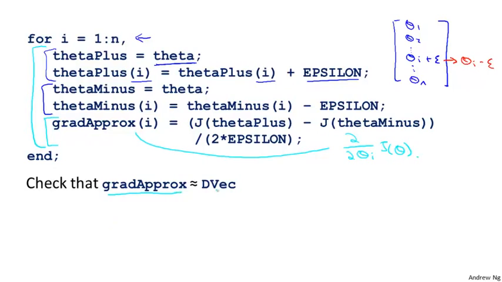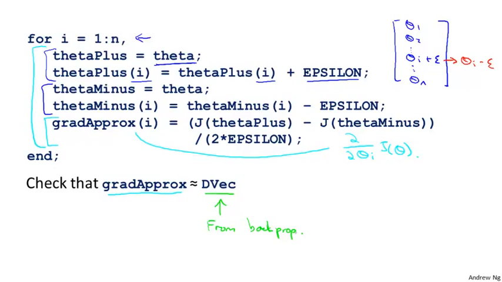And we can then take the gradient that we got from backprop. So DVec was the derivatives we got from backprop. Backpropagation was a relatively efficient way to compute the derivatives or the partial derivatives of our cost function with respect to all of our parameters.